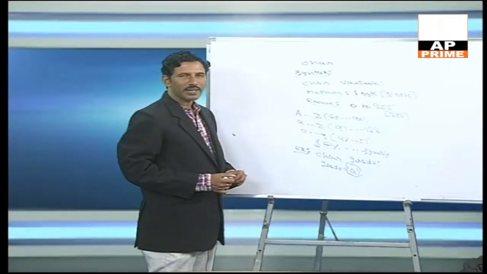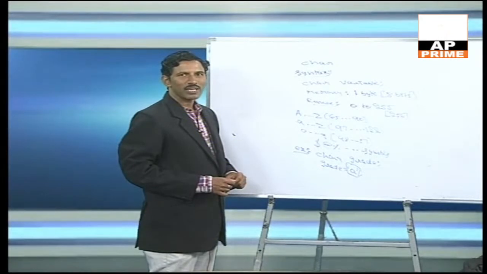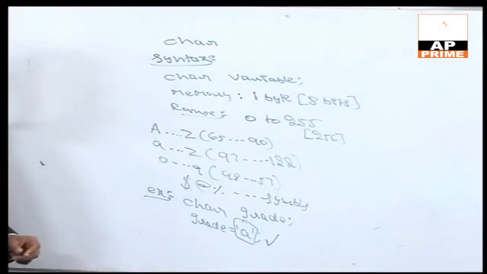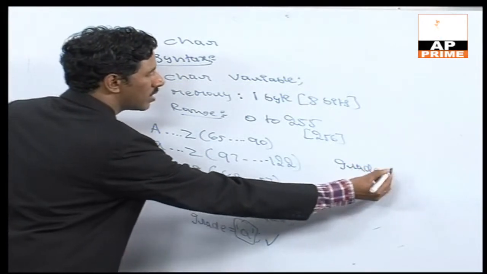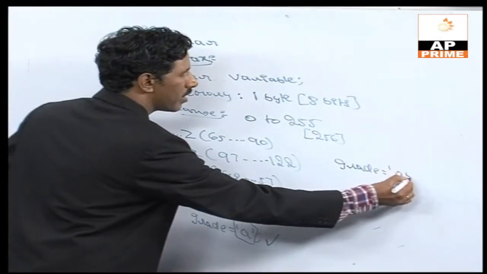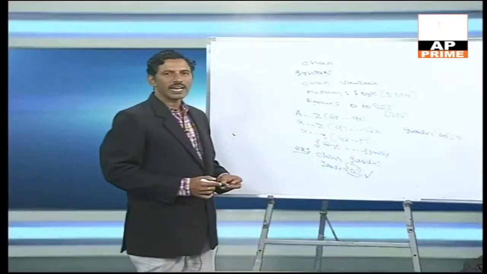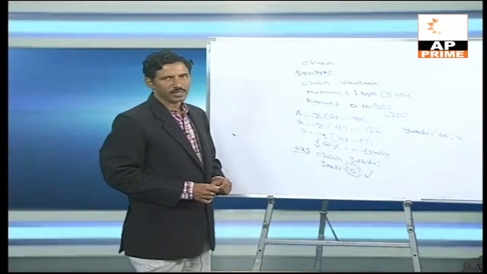In a character data type, are multiple characters allowed or a single character? Only a single character is allowed, not multiple characters. If I enter grade equal to 'A', it's valid. If I write grade equal to 'AB', it's invalid because it has 2 characters.